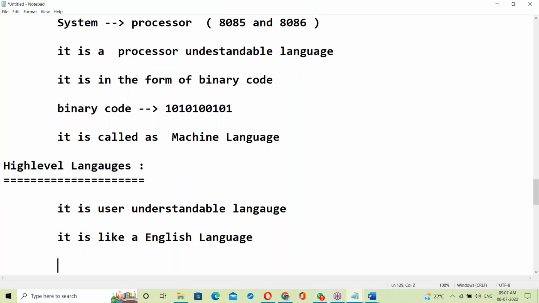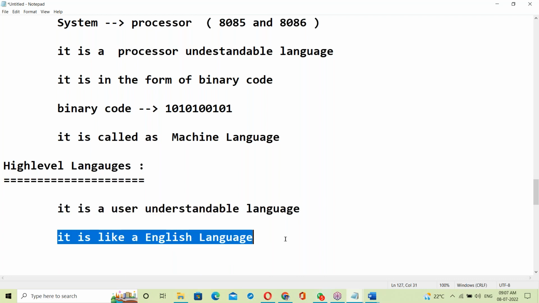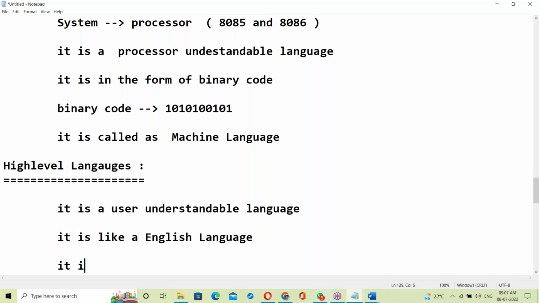It's like English language. Okay. It is very easy to understand here.